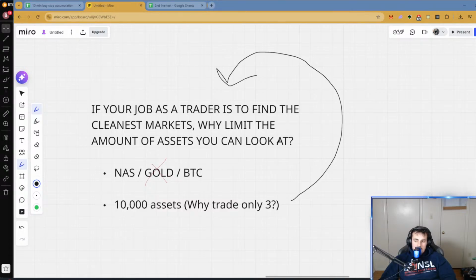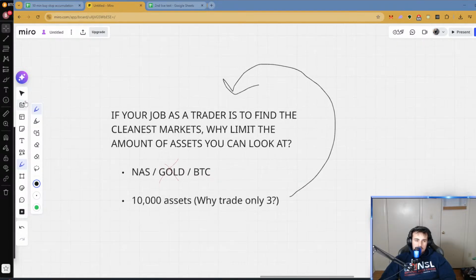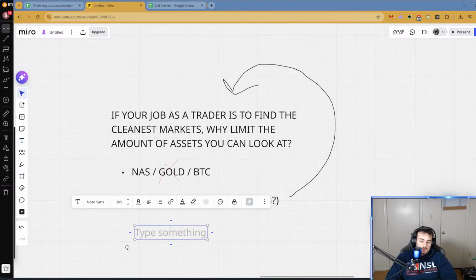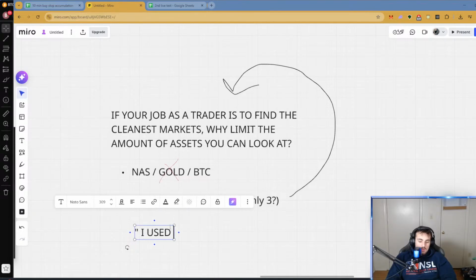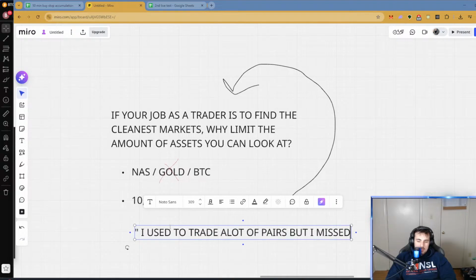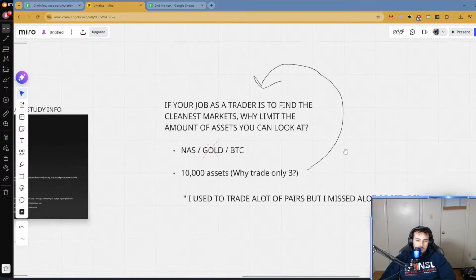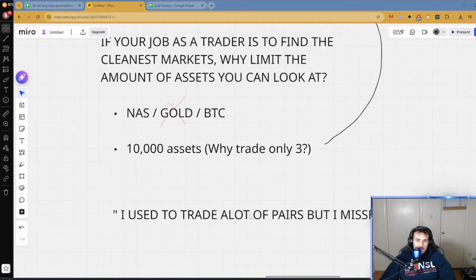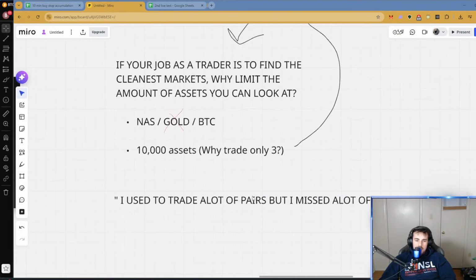You used to trade many pairs, but I missed a lot of setups. Okay, well, have you ever thought... I used to trade a lot of pairs, but I missed a lot of setups.